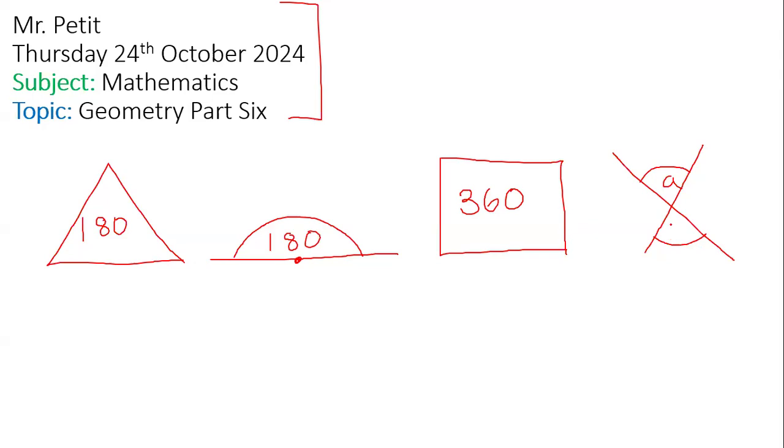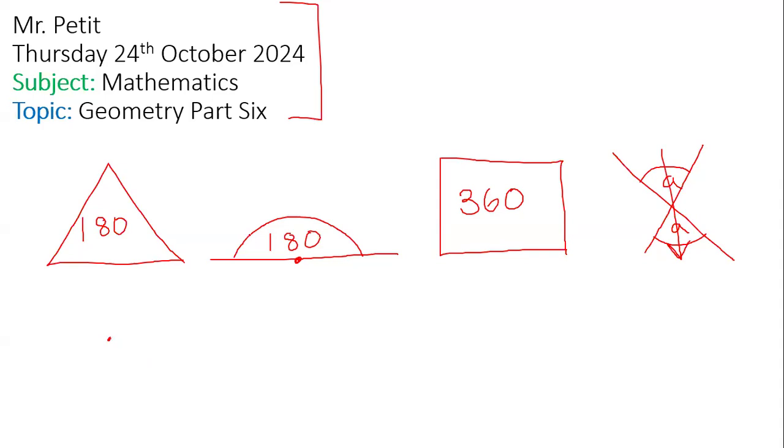So the next rule is vertically opposite angles are equal. So if this is A, this must also be A. They are equal. They are vertically opposite. The next rule states that angles around a point add up to 360 degrees.